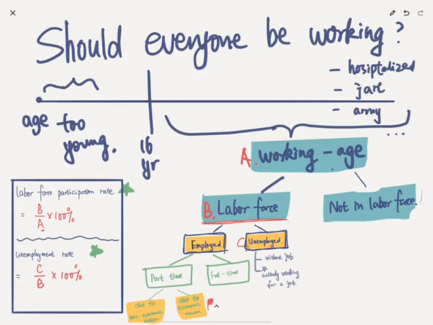So the labor force participation rate measures, of all the people in this age group that are suitable to work, what's the percentage of people that are willing to participate in the workforce? That's why the denominator is the working age population.